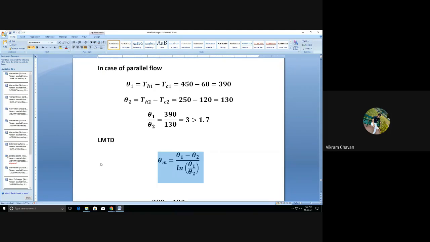Please let me know whether my answer for U naught is correct or not. Put up your U naught answer, whether you are getting the same answer or not, and then calculate theta m also.